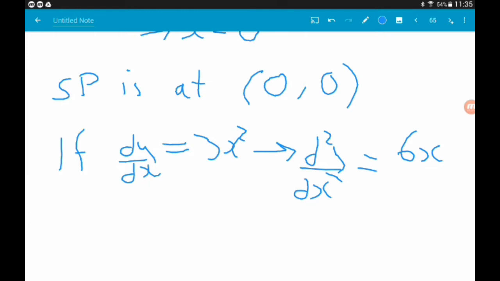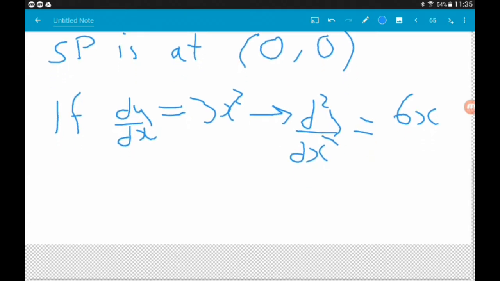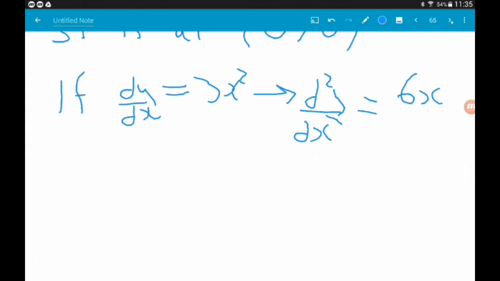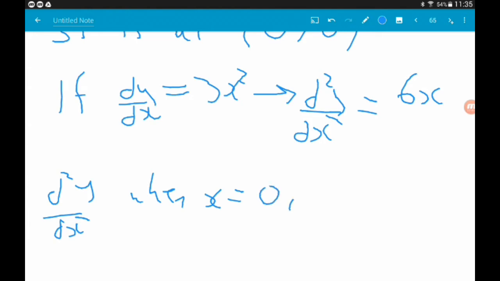So we now find the value at the stationary point by substituting the x coordinate into the second derivative. So d squared y by dx squared when x is 0 is also going to be 0.